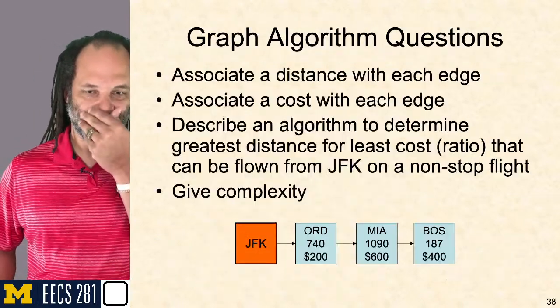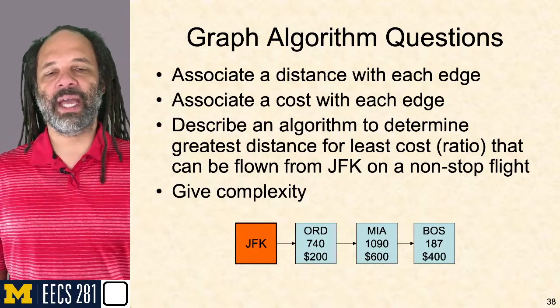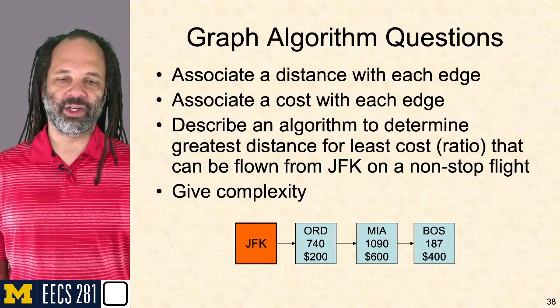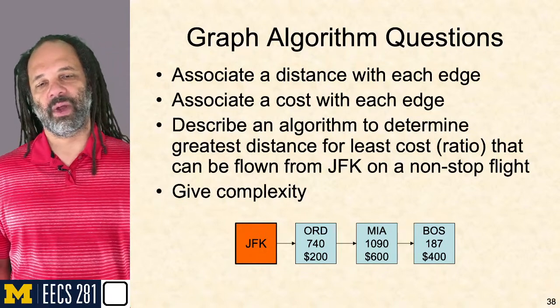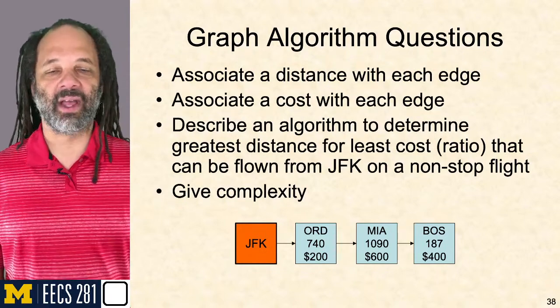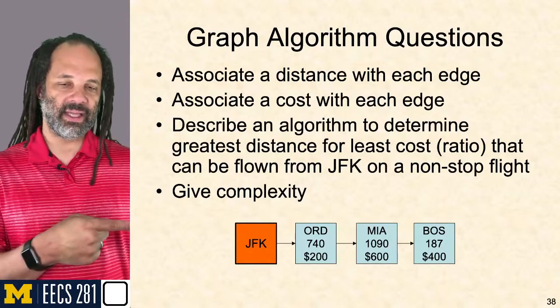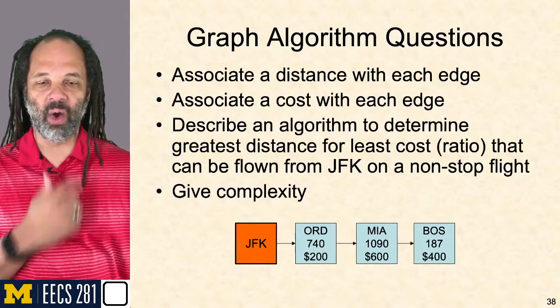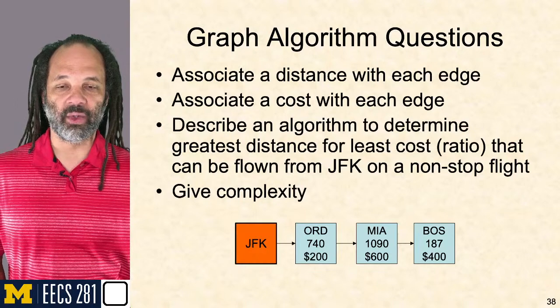All right, last one here. Now we're going to associate a distance with each edge. So this is now a weighted graph. We already had that, but we're going to add a cost as well. So we've got a cost and a distance, and you can see that here, this JFK to ORD, now 740 miles at $200.